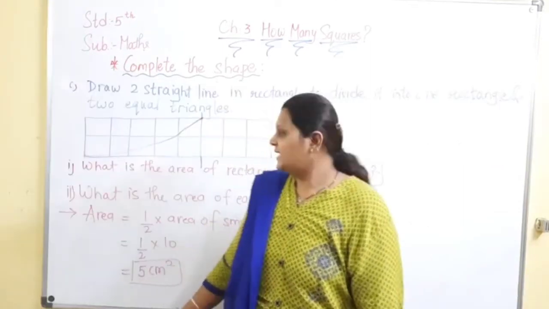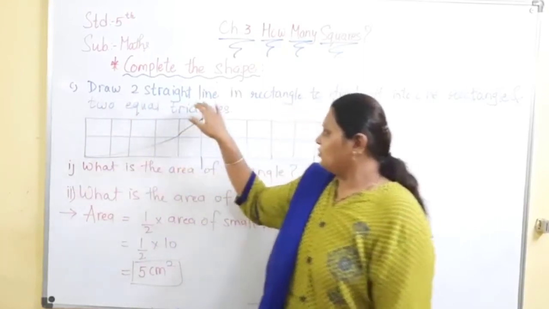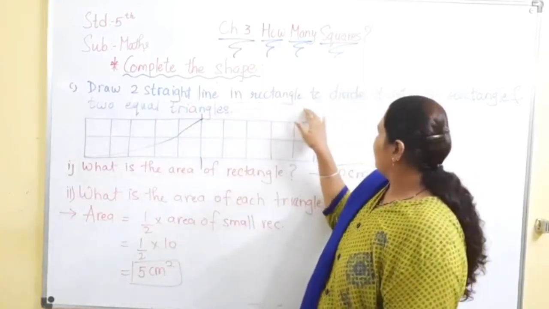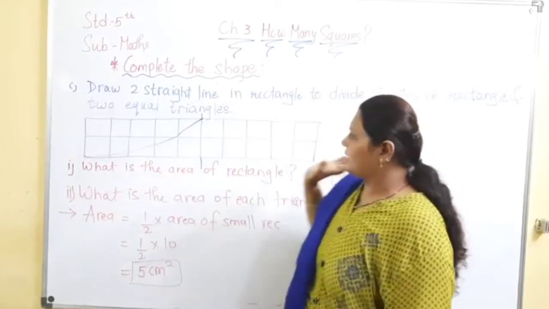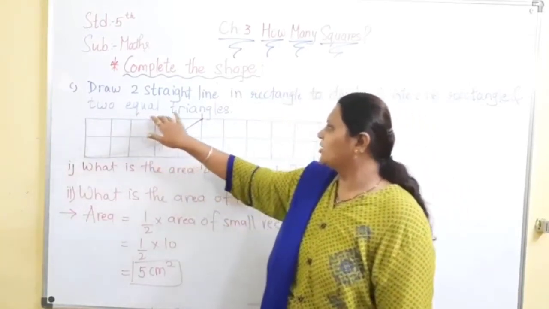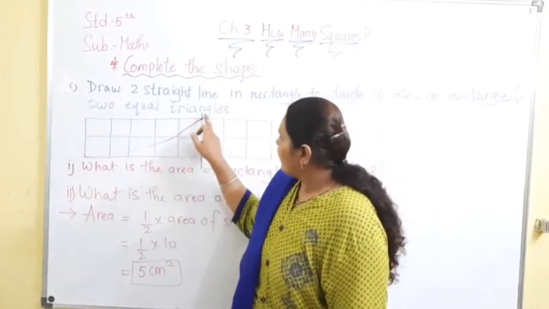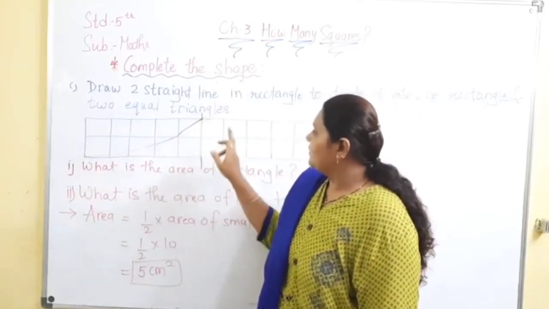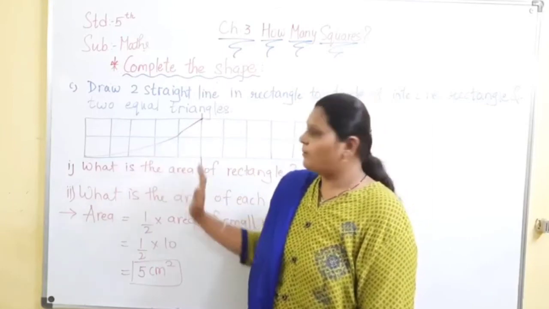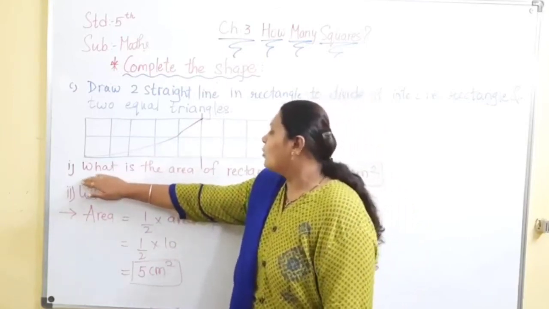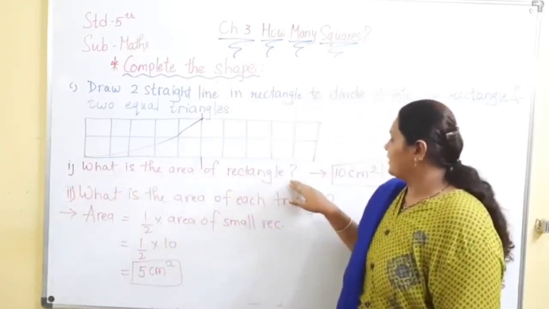Now question number C. Draw two straight lines in a rectangle to divide it into one rectangle and two equal triangles. So here if I draw a line, then it will be two equal parts. Question A. What is the area of rectangle?